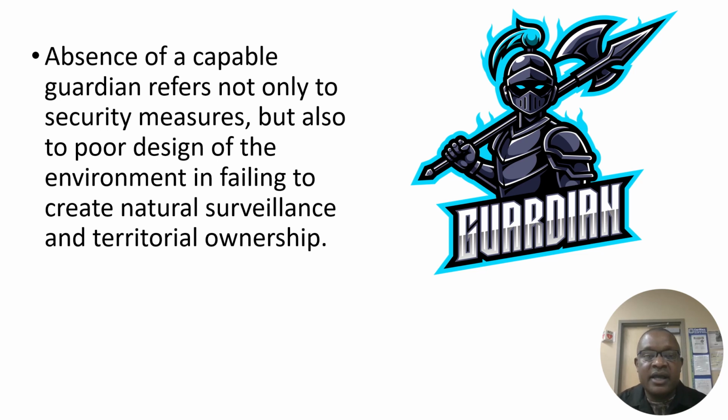Absence of capable guardian refers not only to security measures, but also to poor design of the environment in failing to create natural surveillance and territorial ownership. I know you are studying another module in this course, which is called crime prevention.